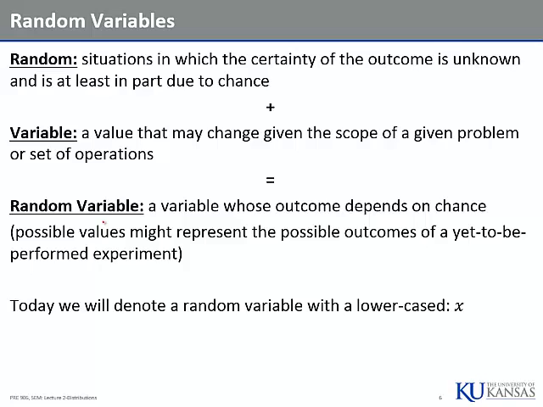So what is a random variable? Something that's random means there's at least one part of the outcome that is at least in part due to chance, and something that's a variable, right? Something whose value changes. So you put it together, and you've got a variable whose outcome depends at least in part on chance. Think of it this way. These are your data. That's the chance, right?